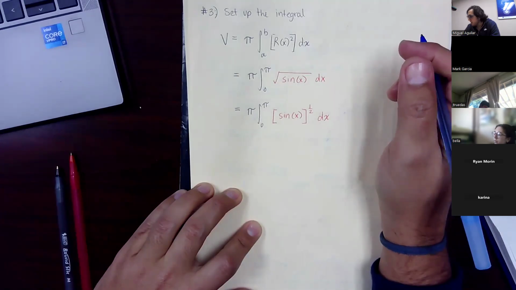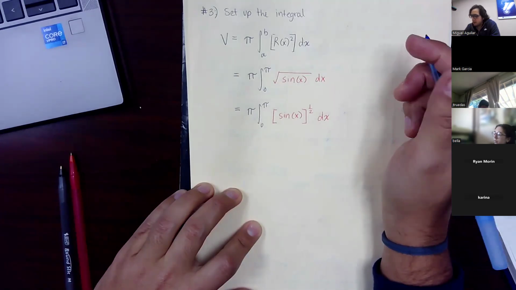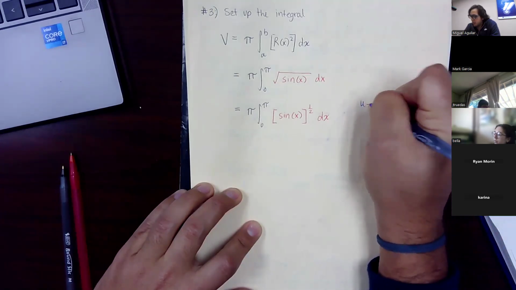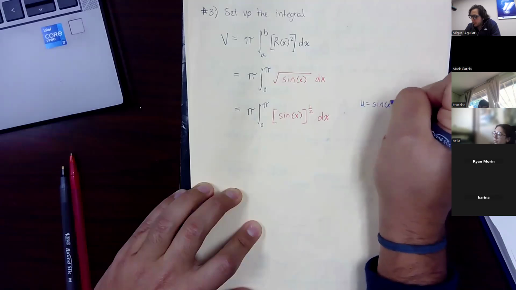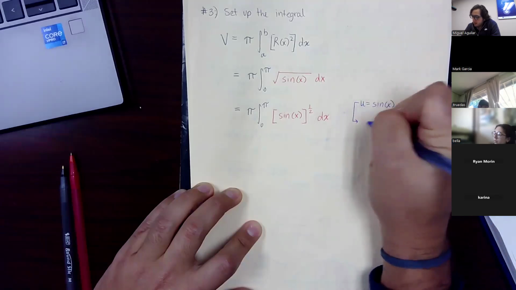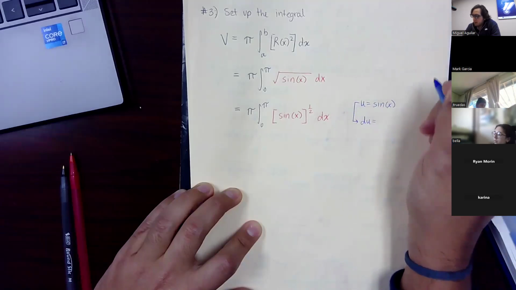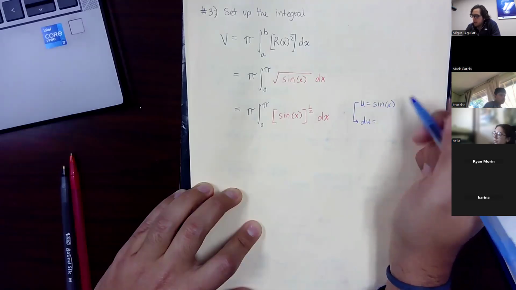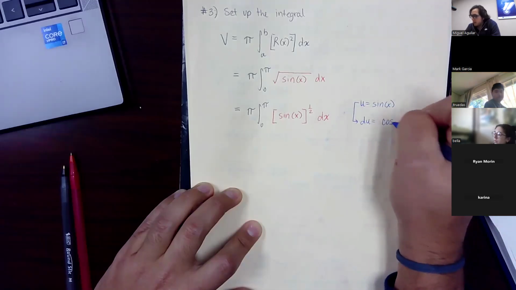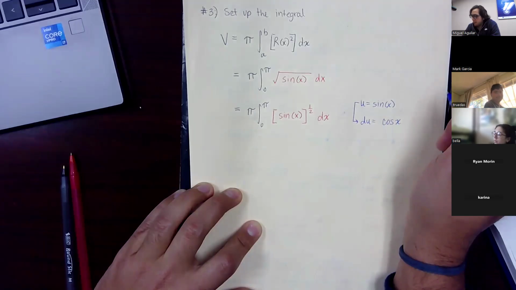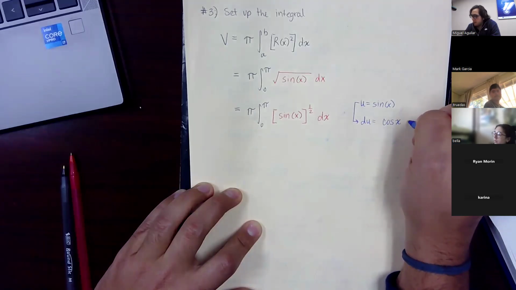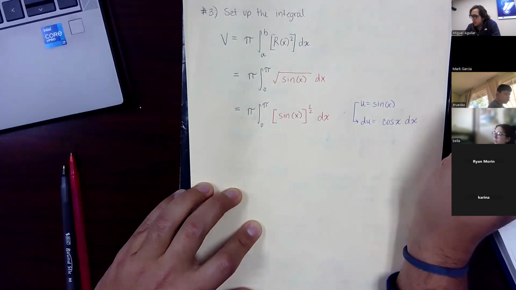That's just going to be u equals sine of x. du is going to be equal to what? So the derivative of sine should just be cosine dx.